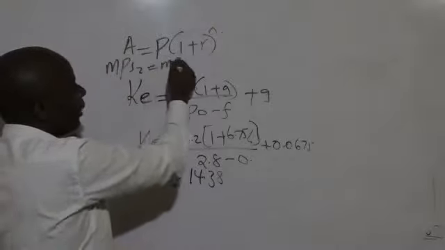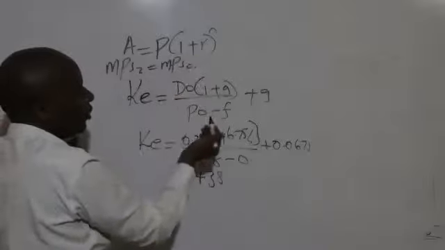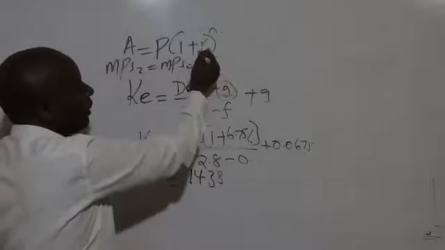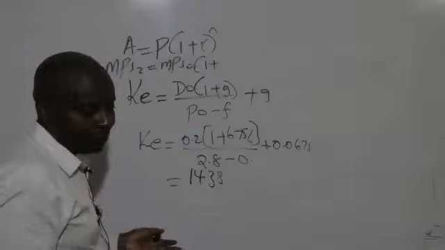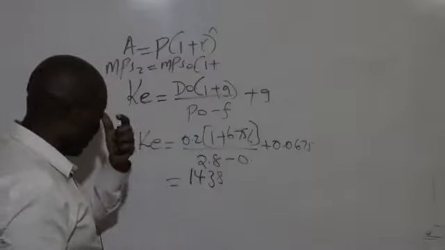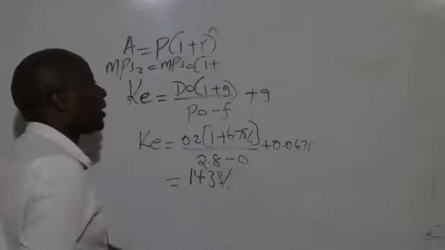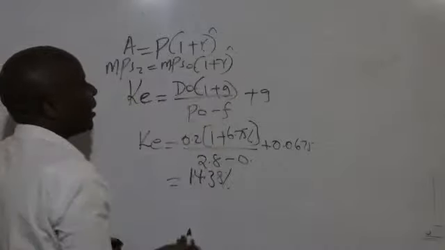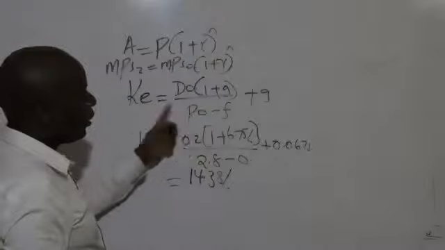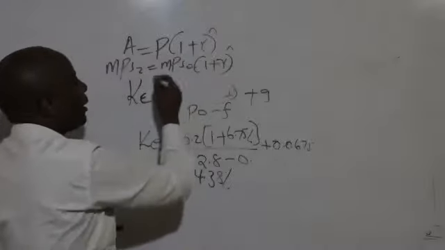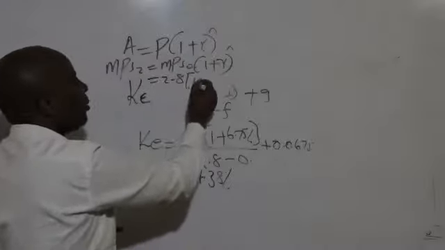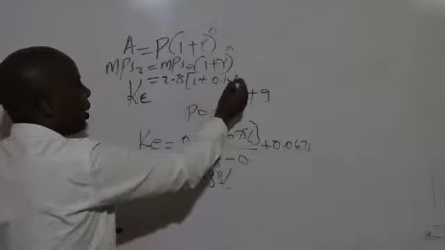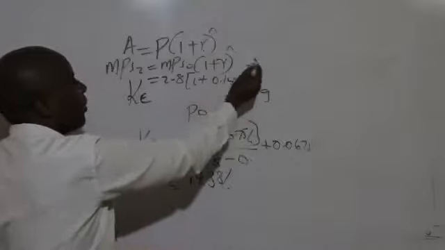The principal will be the MPS at time 0. Remember r is the cost of capital, which is supposed to be 14.38%, raised to power n. So the current P0 is 2.8 into 1 plus 0.1438 raised to power 2.